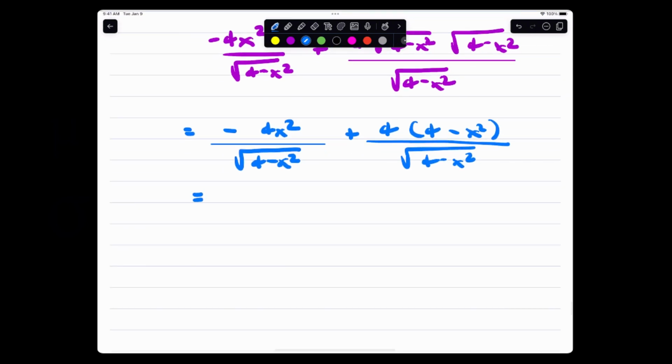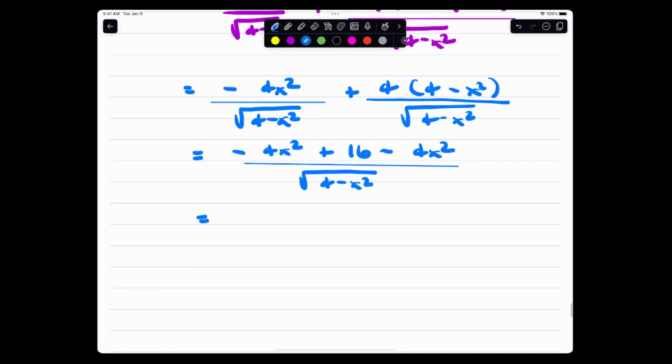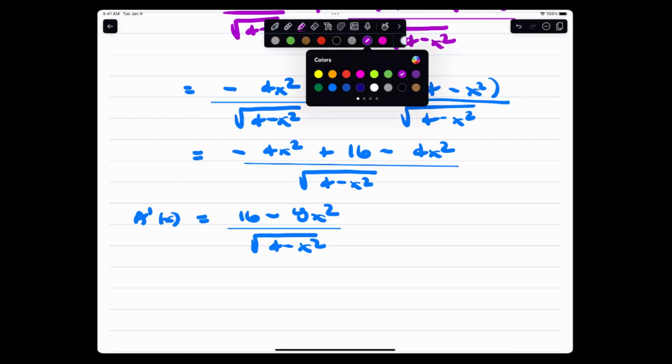So now, ladies and gentlemen, what do we end up with here? Negative 4x squared plus 16, minus 4x squared, over the square root of 4 minus x squared. So you're going to have now 16 minus 8x squared over the square root of 4 minus x squared. So that kind of looks okay. Does that look okay? Let's double check.